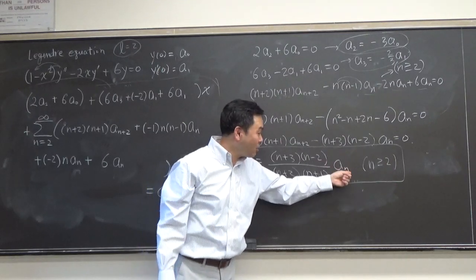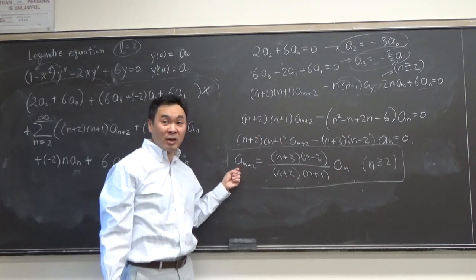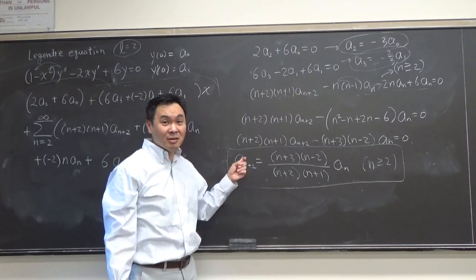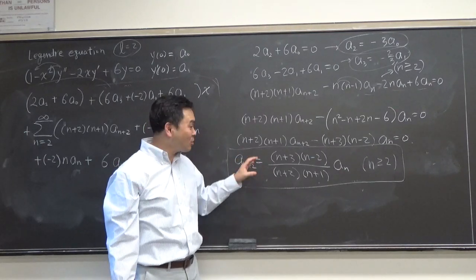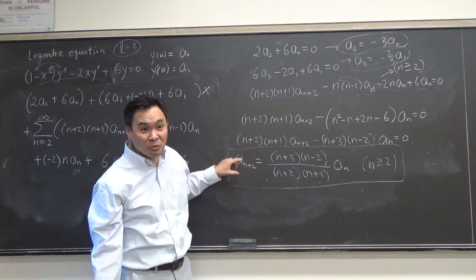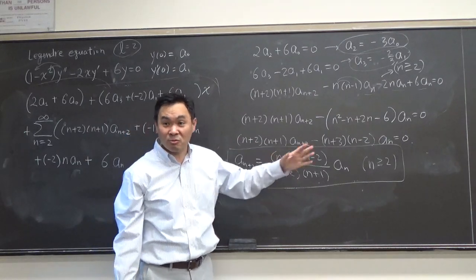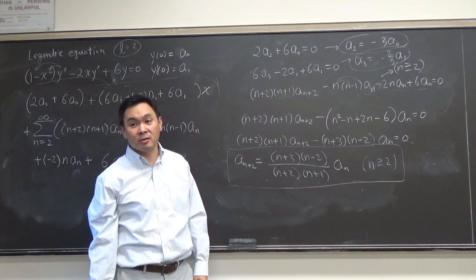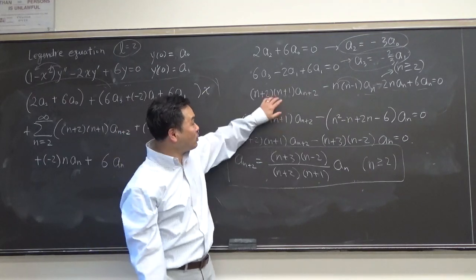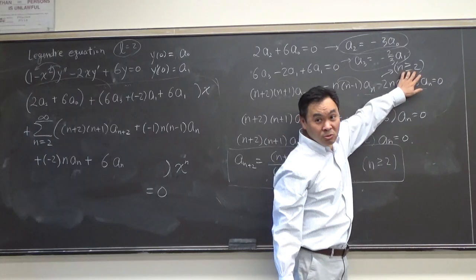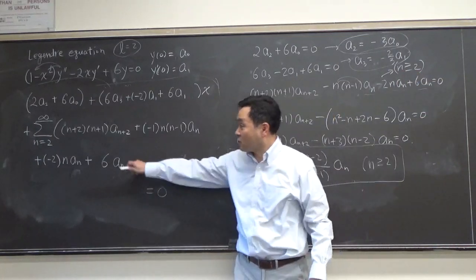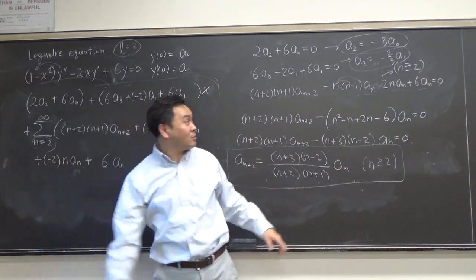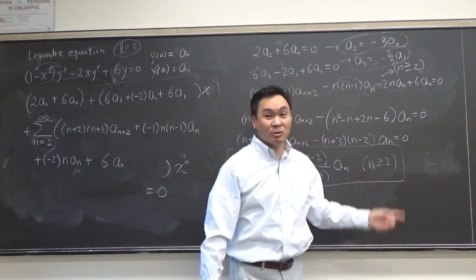And if you know a3, this equation will give you a5, and so on and so on. You can just reuse this for n equals 2, 3, 4, 5, 6 to infinity to find all the values of a_n. Why from 2? Because this equation came from n greater or equal to 2. This summation starts from n equals 2.